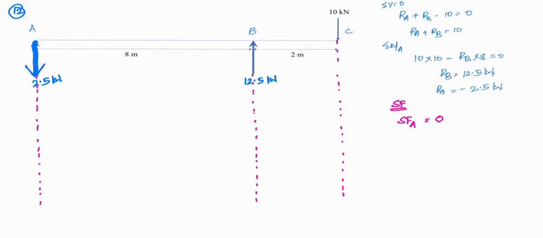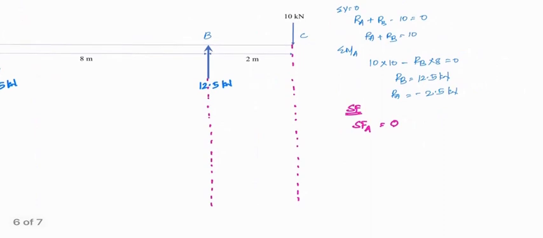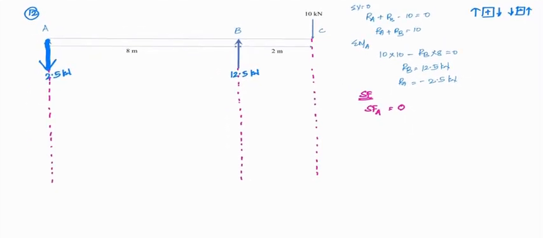Our sign convention is that we have taken this as positive and the other one as negative. So you can see my section is here and the force is in the downward direction, which means I need to consider this one as negative. So SF at A, just to the right, is equal to minus 2.5 kilonewton based on the sign convention.